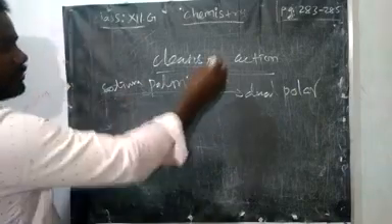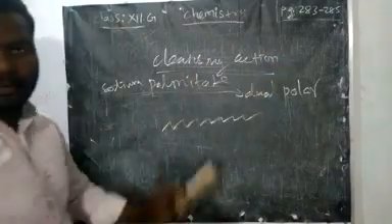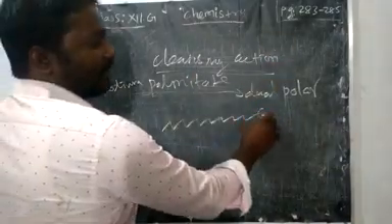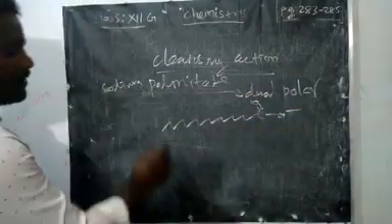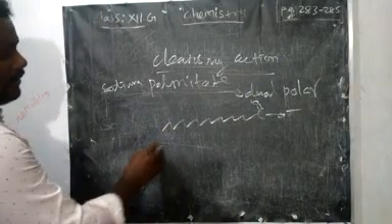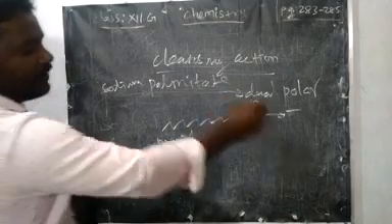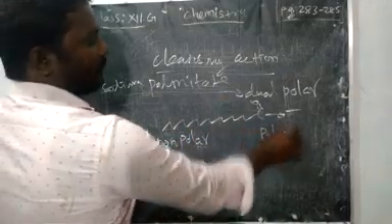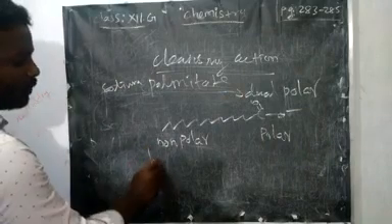Usually the soaps have a long chain with fatty acid. Fatty acid means they have an acid functional group, right? So one end, that organic end, is called the non-polar end. This is the polar end. The non-polar end is also called hydrophobic.